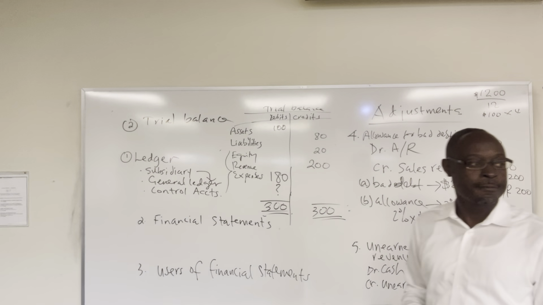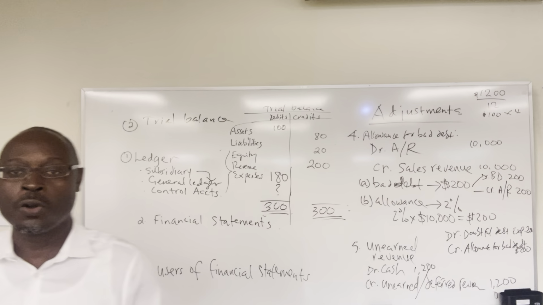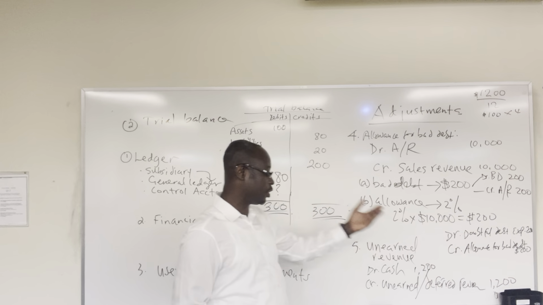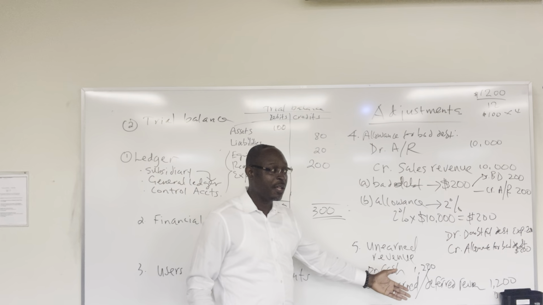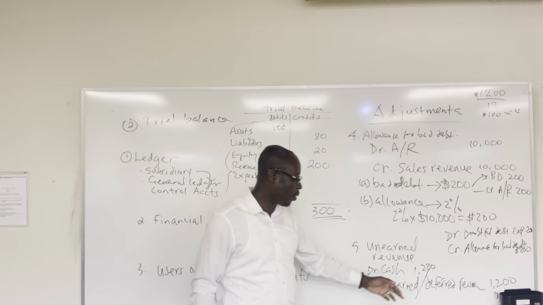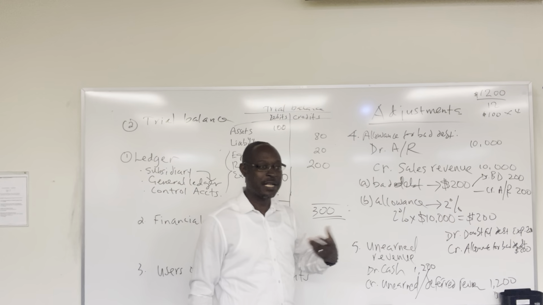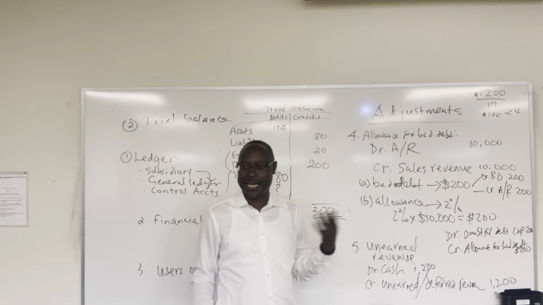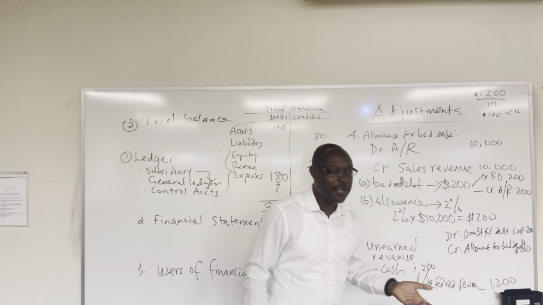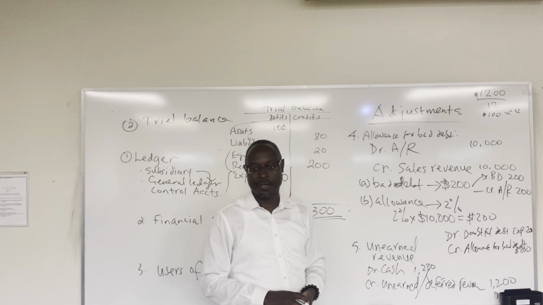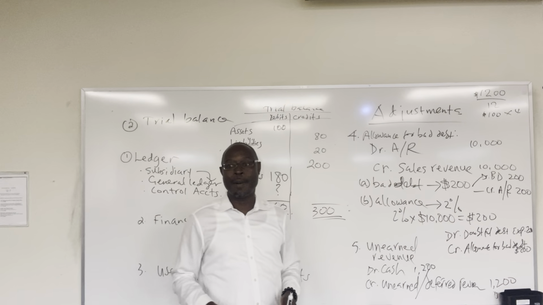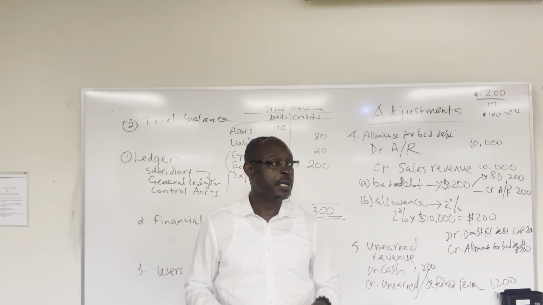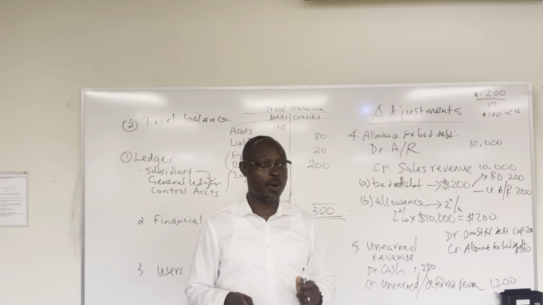Does that make sense? You have not earned it, so you just defer the revenue. As we step into the future, after 1 month you have earned 1/12 of that, after 2 months, 2/12. That's what you are earning, because it's an insurance policy. As time passes, you earn it, if they haven't put in claims. Any questions? So you know about the accounting adjustments. These adjustments are very important. Learn it. Ask me all the questions you want. Peace out.